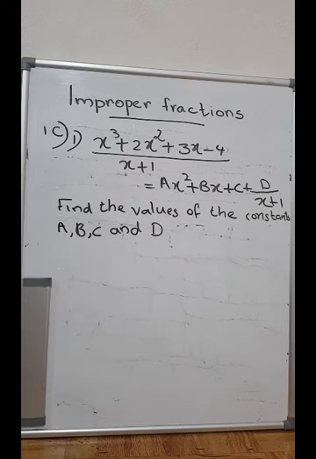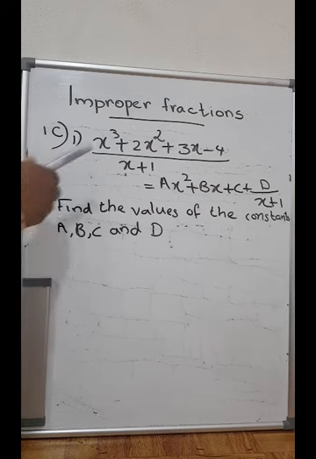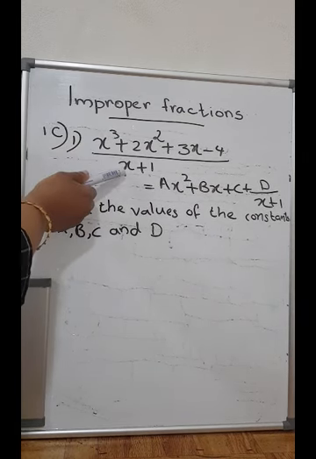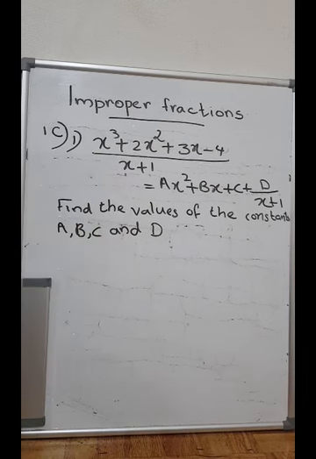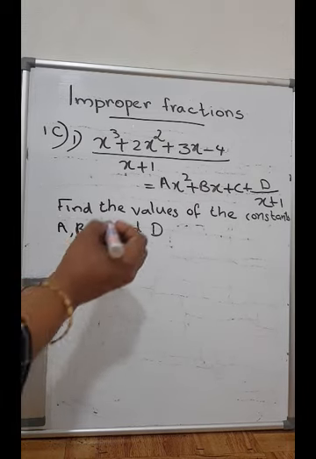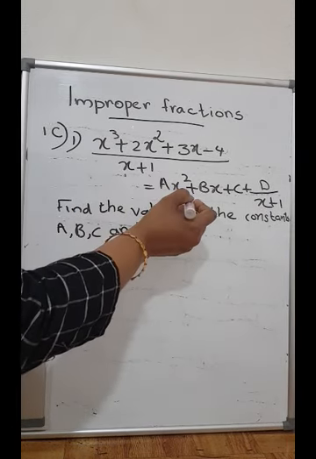We have to find the values of the constants a, b, c and d, and this is the division that we have to do. So let's try the long division method and try to represent it in this form.